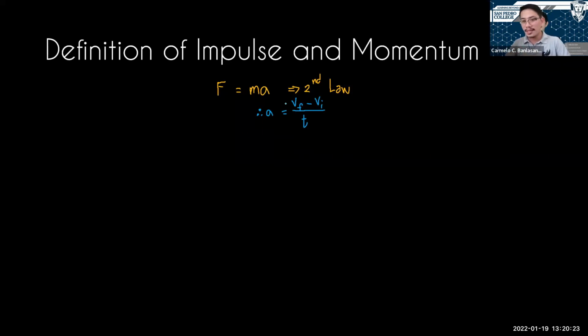So basically, we can just substitute this into our equation on the laws of motion, so that we can derive another equation. In this case, our equation becomes force is equal to mass multiplied by acceleration, which is the final velocity minus the initial velocity divided by time. So this is now our equation for force, the second law of motion.